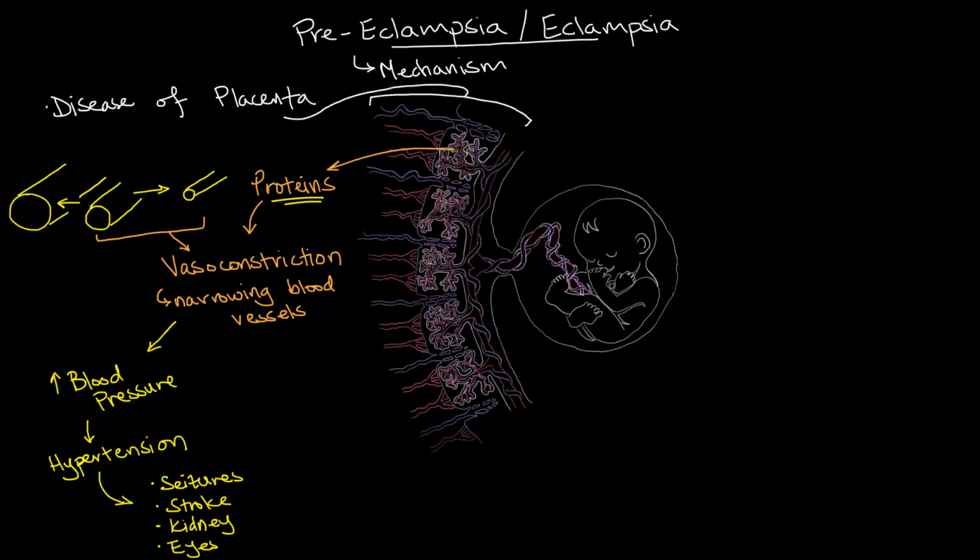This vasoconstriction is also happening in the placenta. It's happening all over the mom's body to cause this increase in blood pressure, but it's also happening in the baby's vessels, basically in the vessels of the placenta on the baby's side. This causes what's known as placental insufficiency.